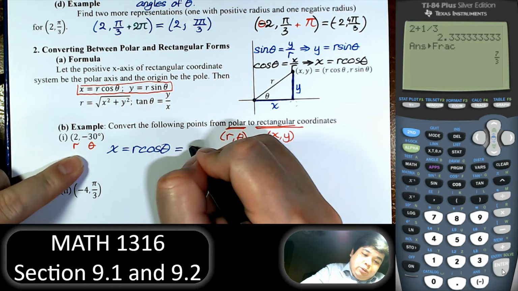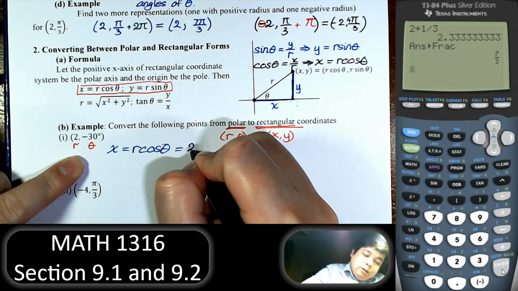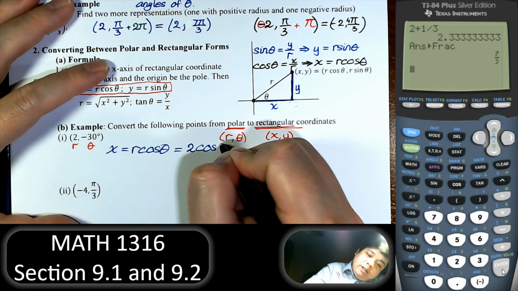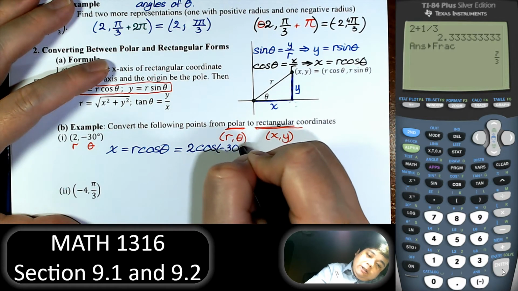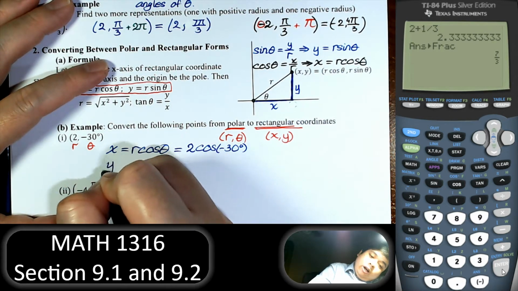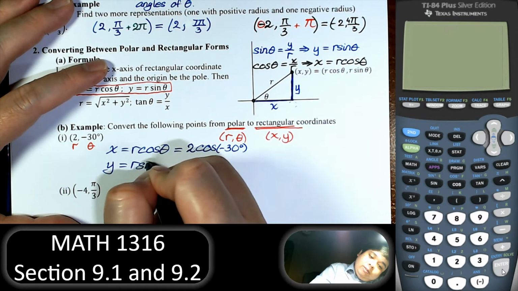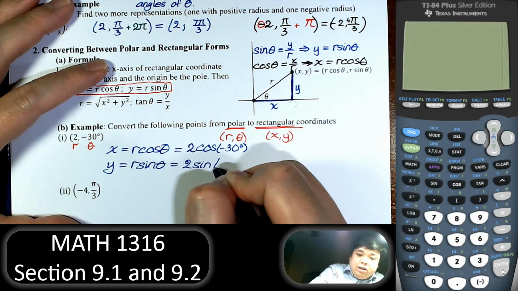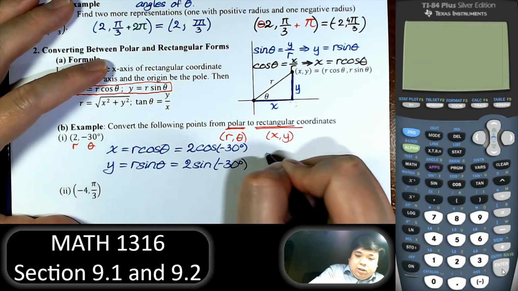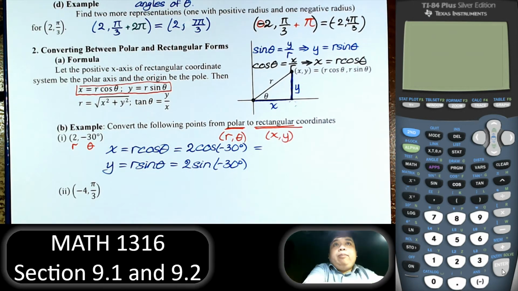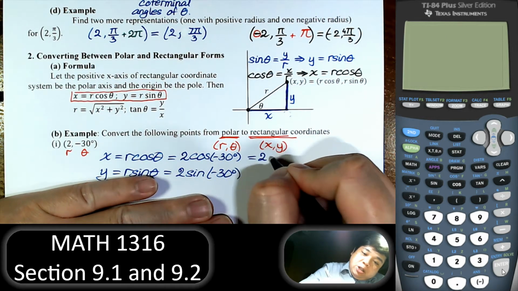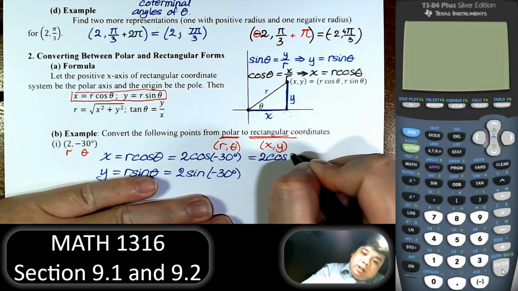So it's going to be 2 cosine of negative 30 degrees, and y equal to r sine theta, 2 sine of negative 30 degrees. Cosine is an even function, so this will be just 2 cosine of 30 degrees.